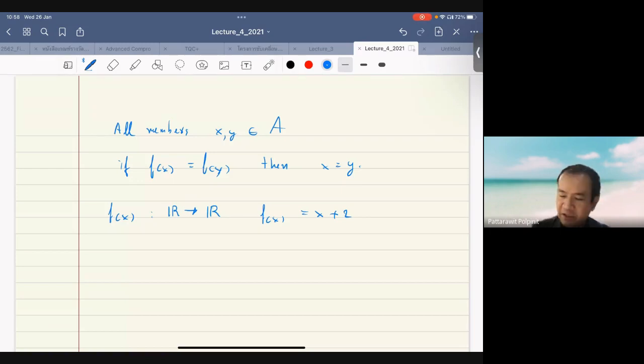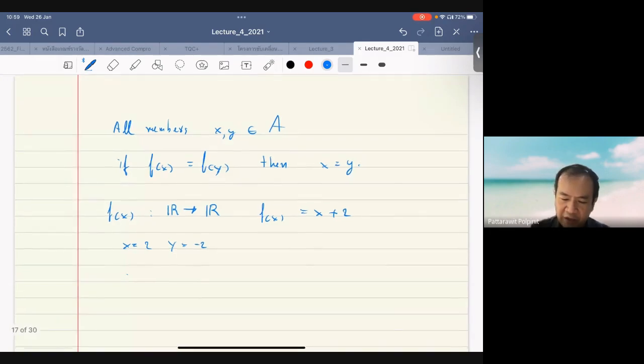You can try to substitute some values, let's say x equal to 2, y equal to -2, but you will not get f of x equal to f of y. You can try 1 and -1, or 3 and -3, nope, it's not going to work, right? You cannot find any example that are not equal in values, but after you plug them into the function, you get an equal value. So maybe this one is a one-to-one function.